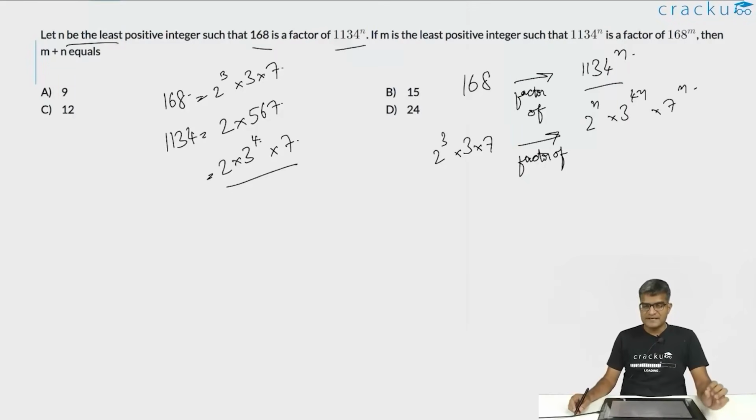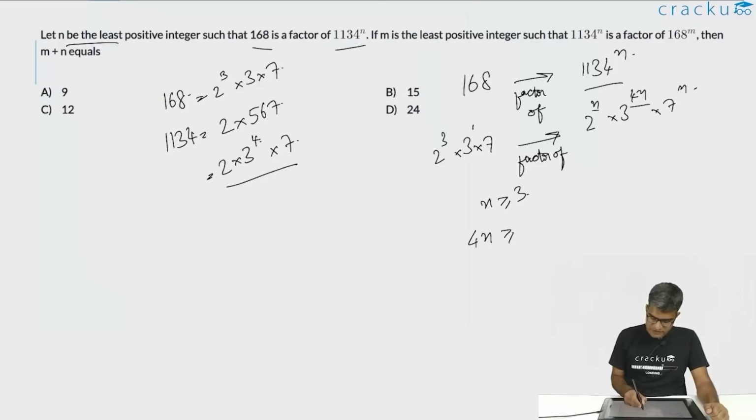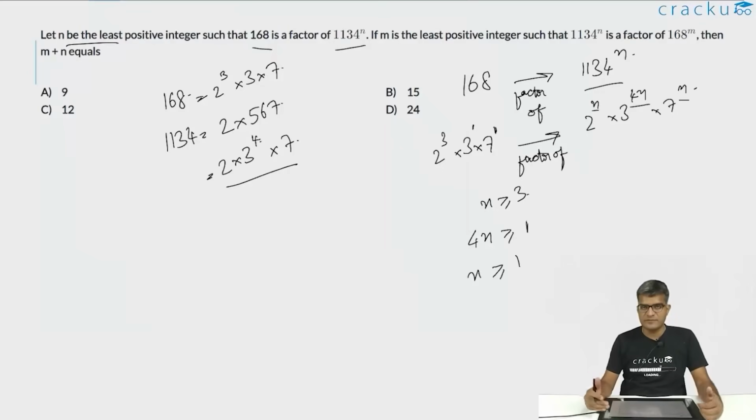When will this happen? This will happen only if n is greater than or equal to 3. This is the power of 2. 4n is greater than or equal to 1, and n is greater than or equal to 1. All three of them have to be satisfied.